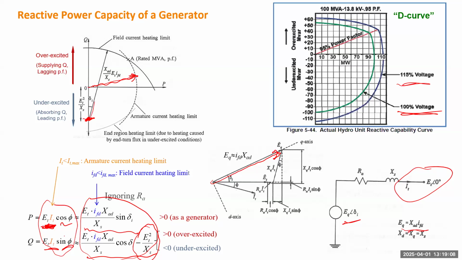The second circle based on the field current will have this radius. So that determines the two parts of the boundary. Definitely, if you continue drawing that orange arc to finish the circle, that gives you basically the same as the D chart. Actually, in this figure, that is about that case.